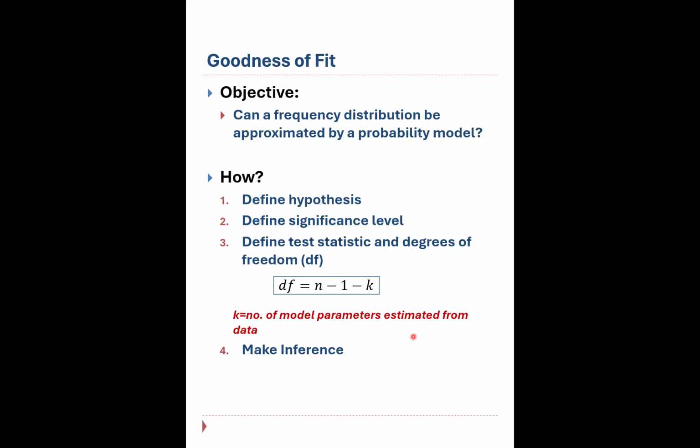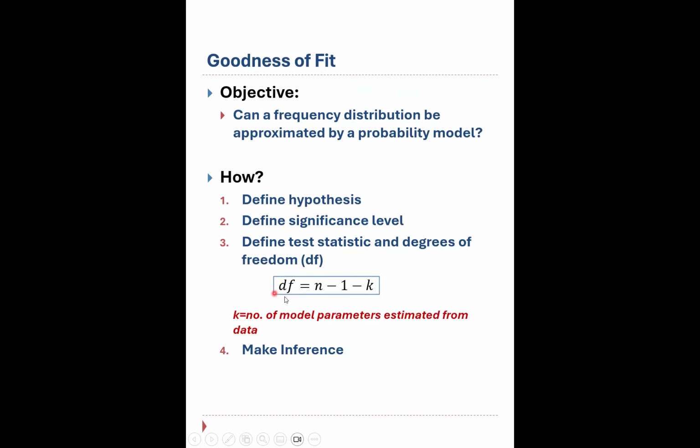With this, we can start learning the goodness of fit. The objective is, can a frequency distribution be approximated by a probability model, and how adequate it is? Therefore, we define a hypothesis, and the hypothesis must be defined at a significance level. Then there is going to be a calculation of a test statistic, which is going to give us the basis for comparison. And then we have to define the degrees of freedom.